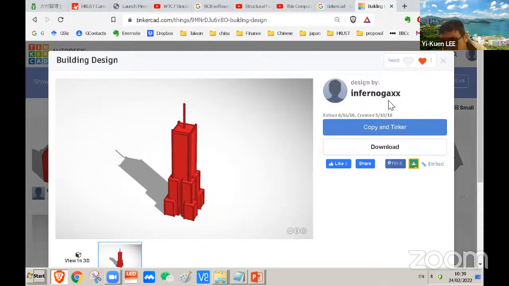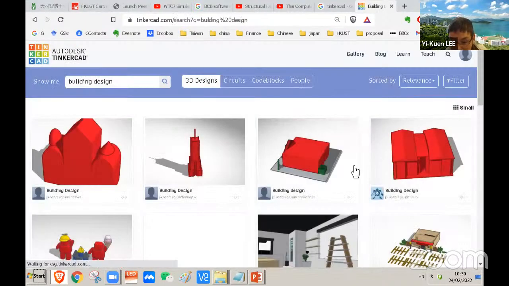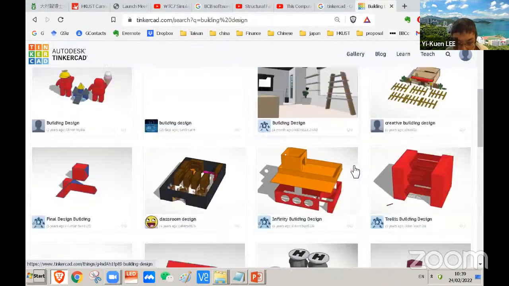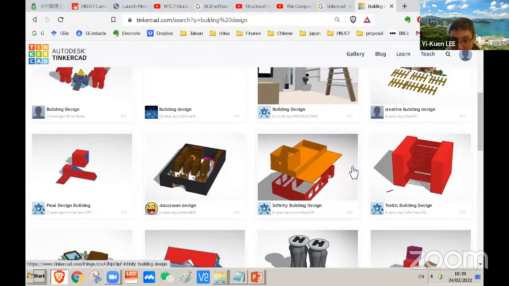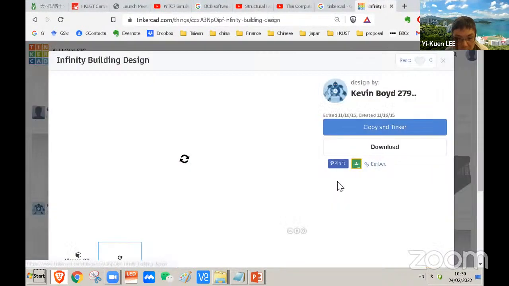Before you go much deeper into more detailed structural design of a building, or maybe HVAC, heating and ventilation, why not easily use this kind of cloud, open source platform to think about building engineering.